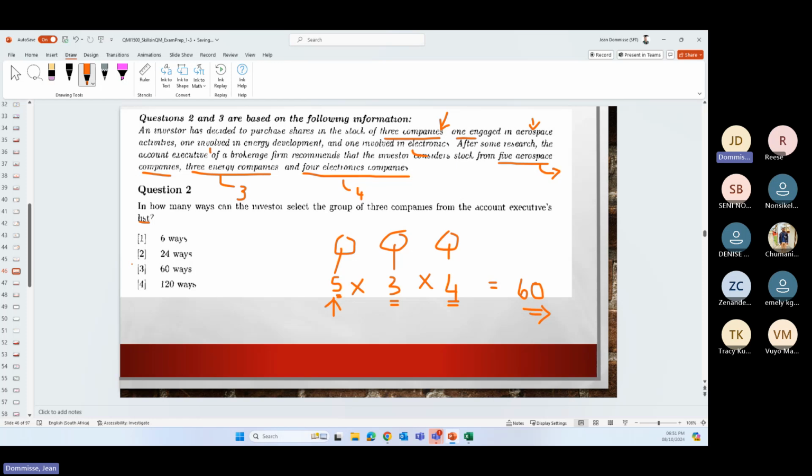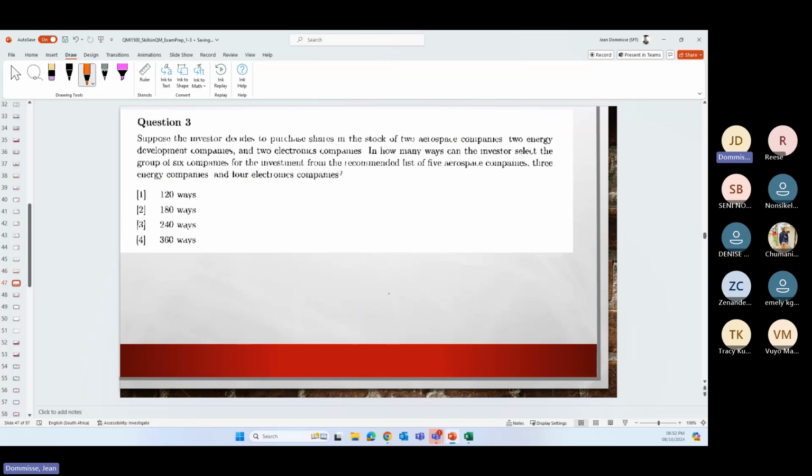Okay, so that's how we would have gotten to it: there are 60 ways that the investor can select the 3 companies. Okay, so that's it on this question. The next question, they now change it a bit.